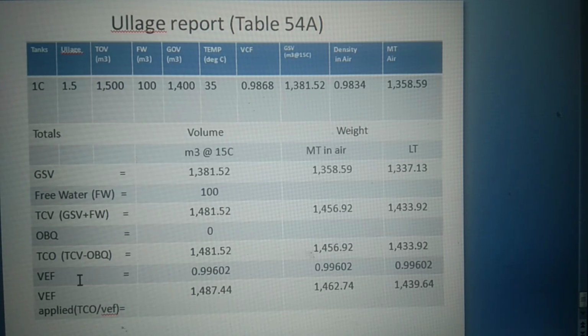Okay guys, the first loading operation after dry dock is exempted or not to be included in the vessel experience factor report. Okay guys, the second loading after dry dock, that's the one to be included in the vessel experience factor. Okay.